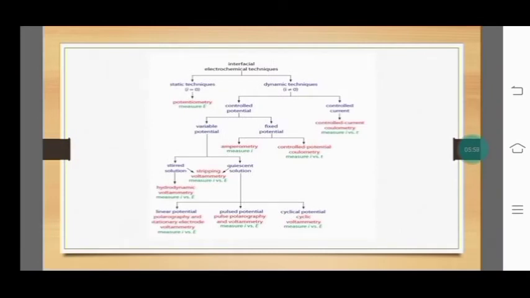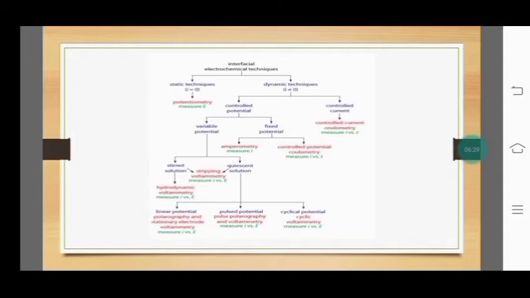This is the family tree highlighting a number of interfacial electrochemical techniques. The specific techniques are shown in red, the blue ones are the experimental conditions, and the green ones are the analytical signals.